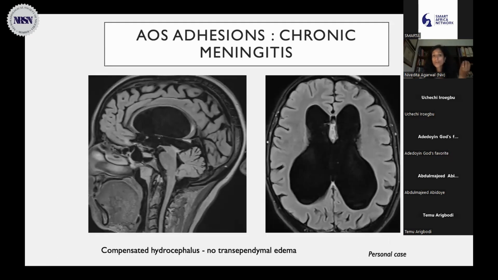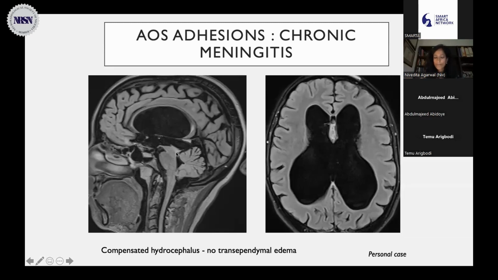This is a patient with chronic meningitis. And after 10 or 11 years of meningitis, this patient continues to suffer headaches. So meningitis has been treated, but then you have headaches. And so what we see here is adhesion of the aqueduct of Sylvius. So basically this area is blocked, right?